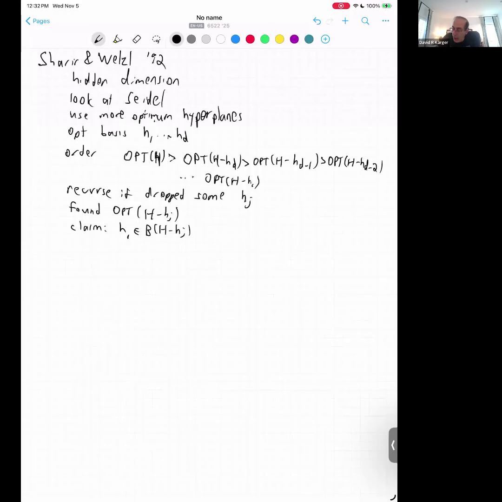And the reason is pretty simple. Suppose it's not. If H1 is not in the basis, that would mean that I can throw away H1 as well without changing the optimum basis. It means that the optimum of H minus Hj is equal to the optimum of H minus Hj minus H1.